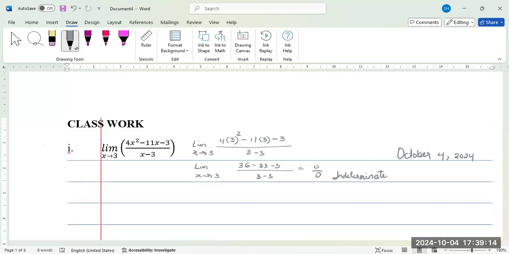I'm not going to tell you anything else. It's going to come out in the other question. So now, I must do something in order to check to see what can happen. What should I do? Factorize, sir. Factorize the numerator.